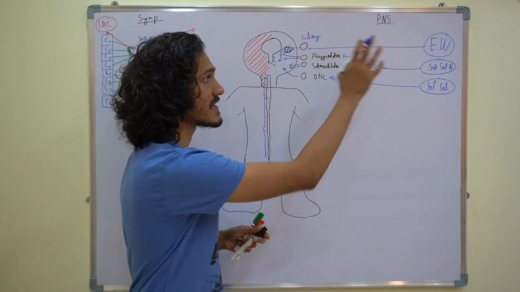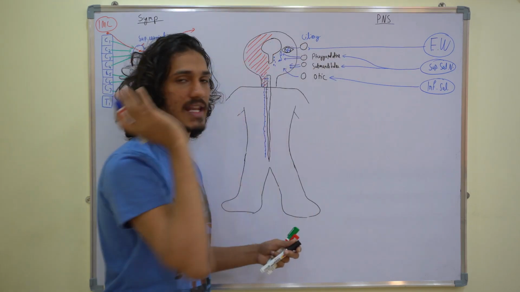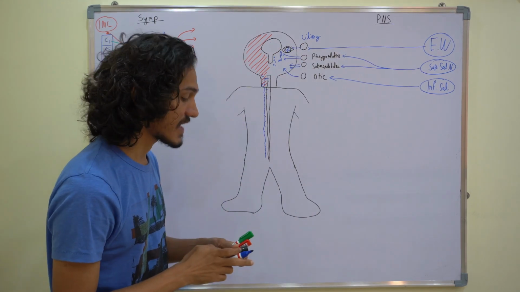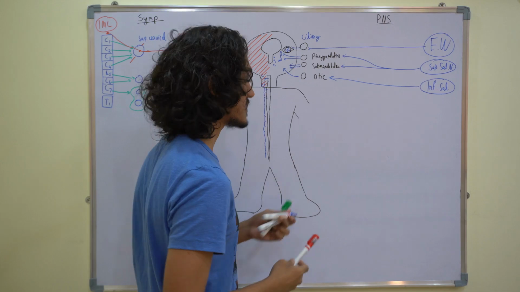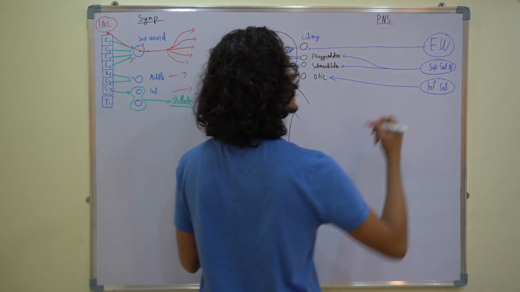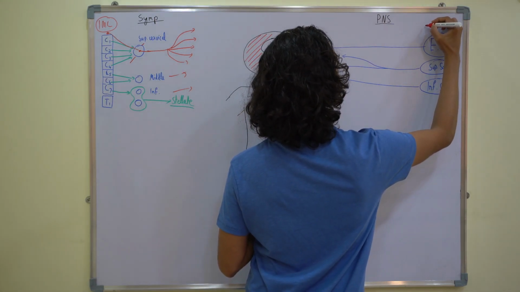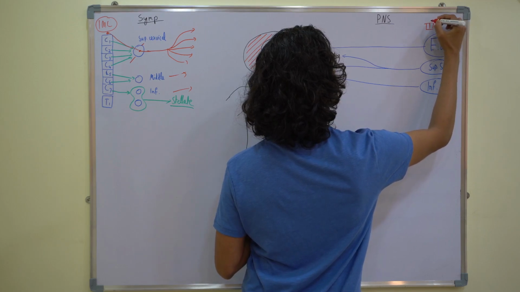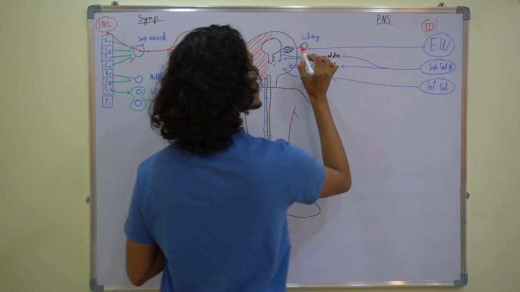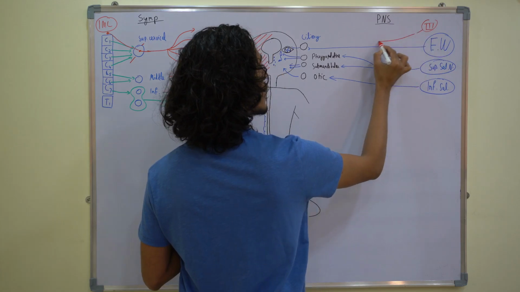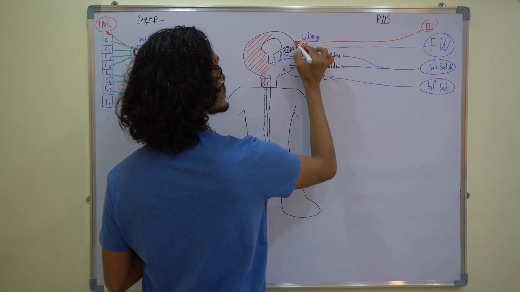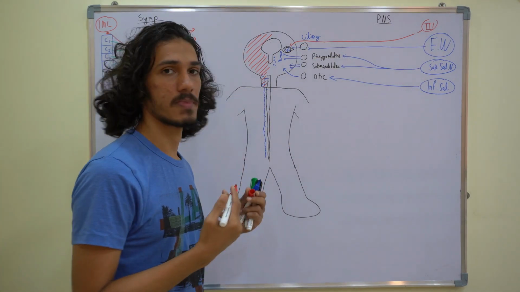So Westphal nucleus, superior salivatory nucleus, inferior salivatory nucleus. Now what you need to understand here is in the CNS, next to the Westphal nucleus, there is your third cranial nerve nucleus, and from there, the fibers are going to the eye. That is the motor part.